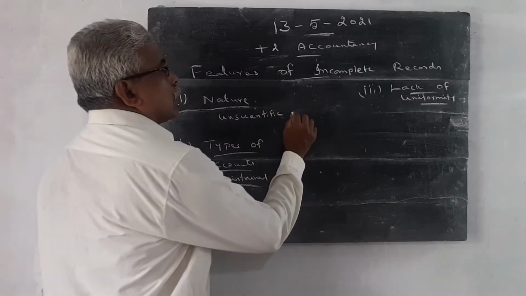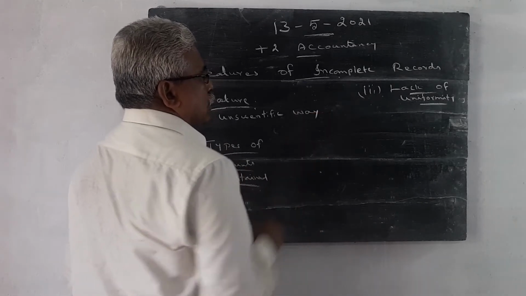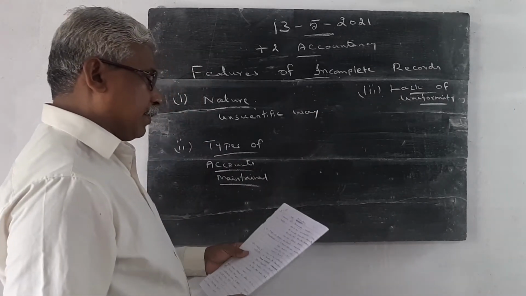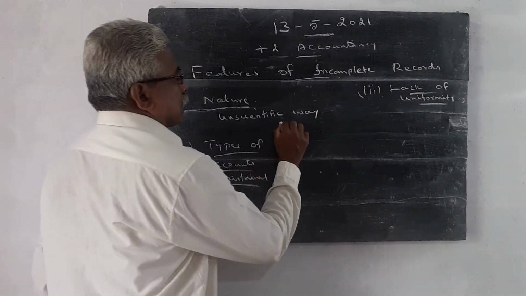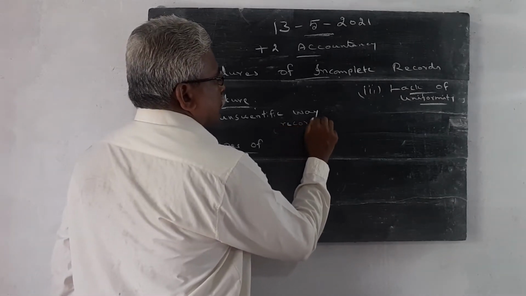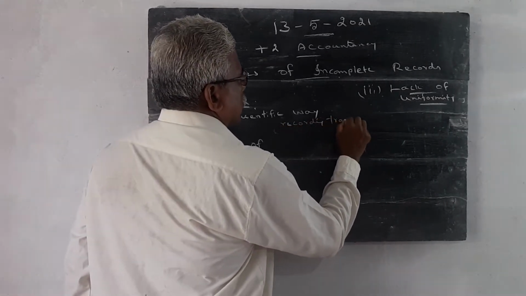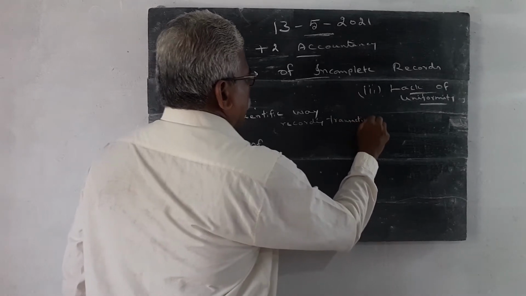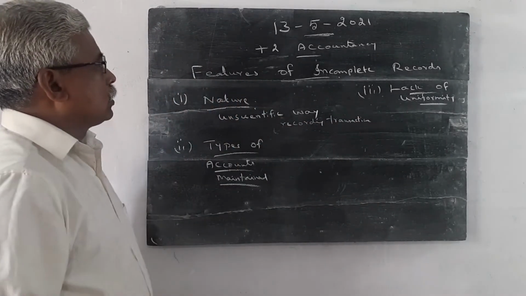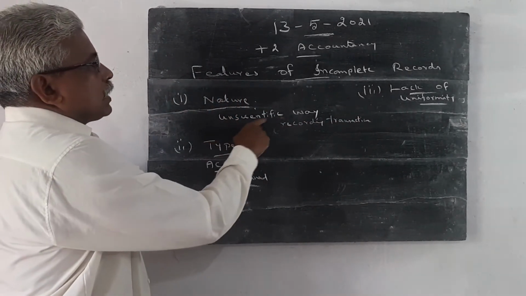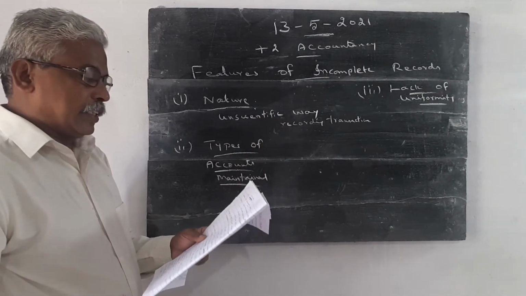Try to write the words which are given in the textbook. Incomplete records is an unscientific way of recording transactions.